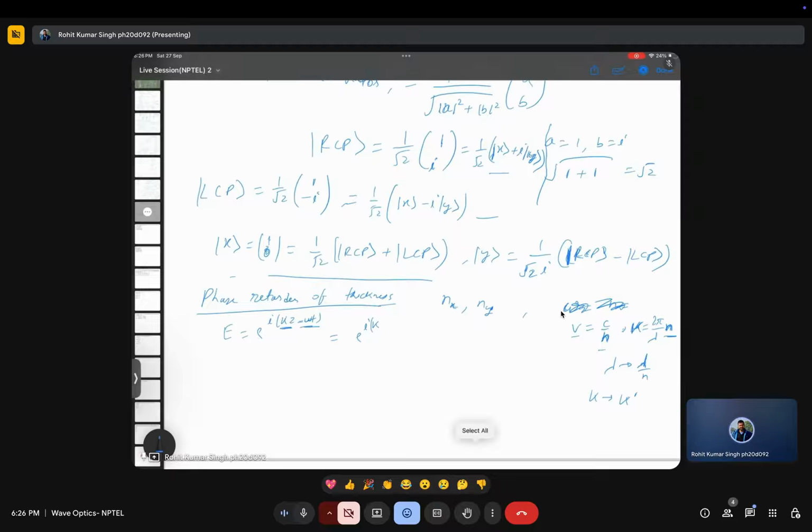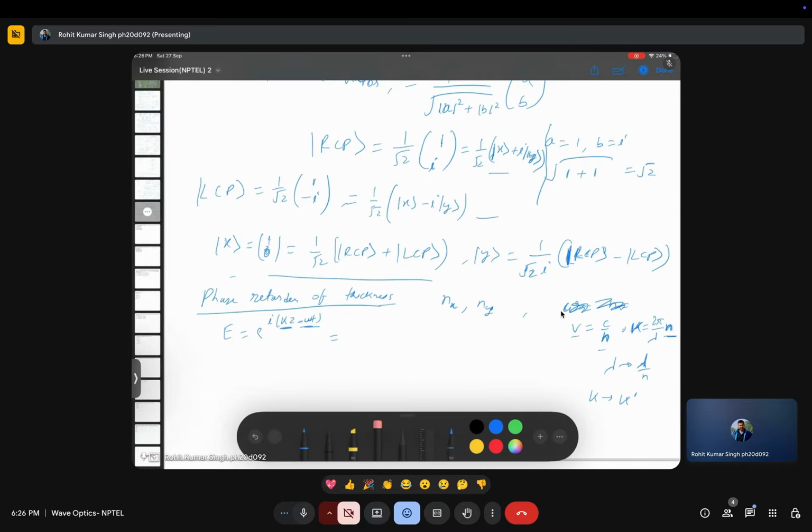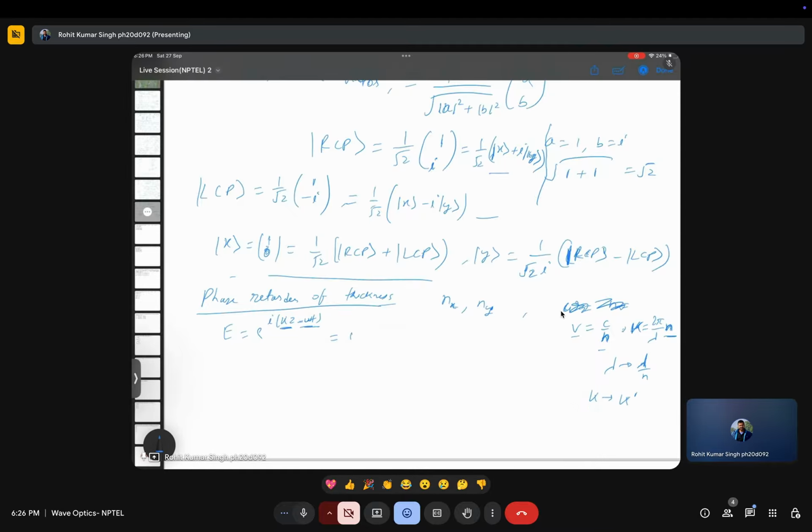So basically we can write it, so this is now k prime, but it depends on the thickness of the material. Let's call it x.